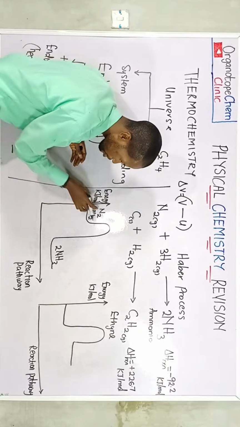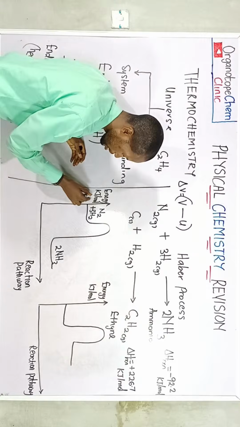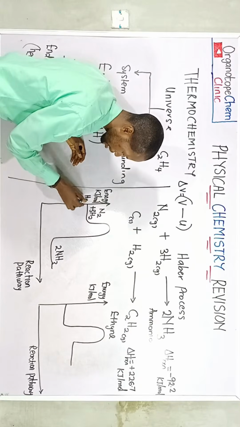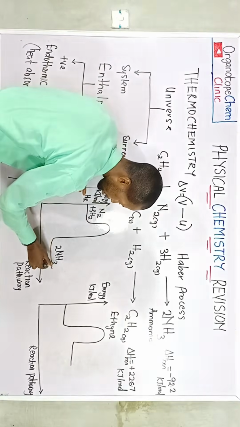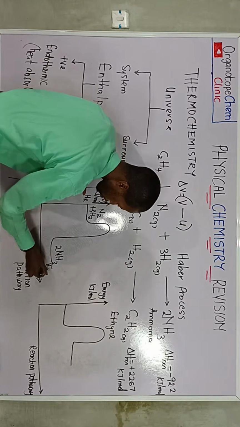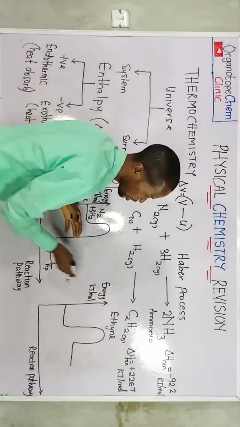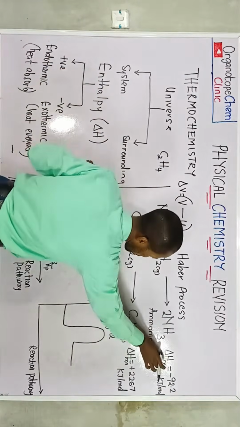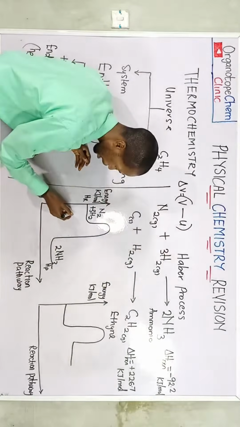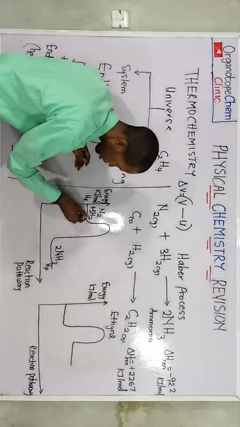Now, this is the reactant right here. So this is the H reactant. That's the enthalpy of the reactant. And the product is right here. This is H product. So the difference between enthalpy of the product and the enthalpy of the reactant is what? Enthalpy of reaction. So I have to show the difference right here.